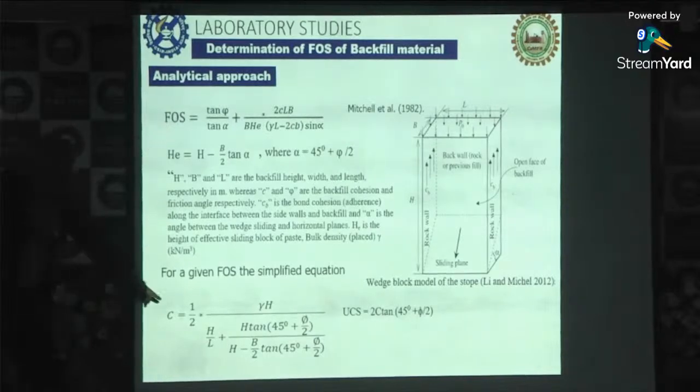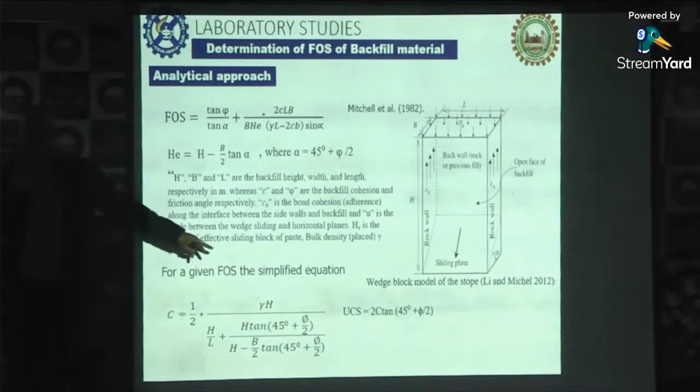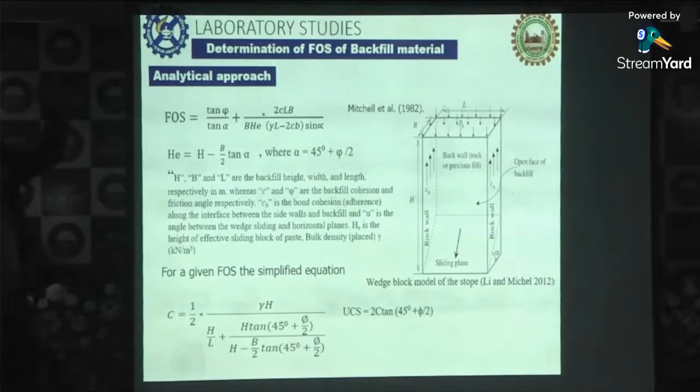If you know the factor of safety, suppose it is 1.5, then we can change this parameter and get the value of C, what amount of C we require for a particular width and dimension of the slopes. Similarly, we can find what UCS strength we need for a particular width and height of exposure. So this formula we use for determining the factor of safety of the material for a given slope dimension.